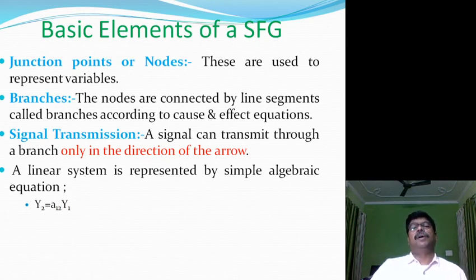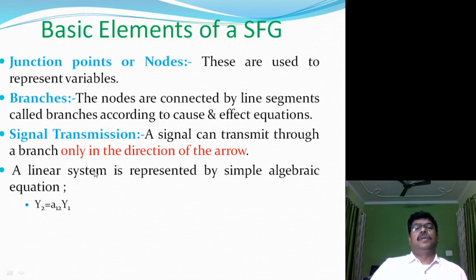You have to follow, while drawing the signal flow graph, the expression of that system, meaning the linear algebraic equation. And a signal in the signal flow graph can transmit only in the direction of the arrow.